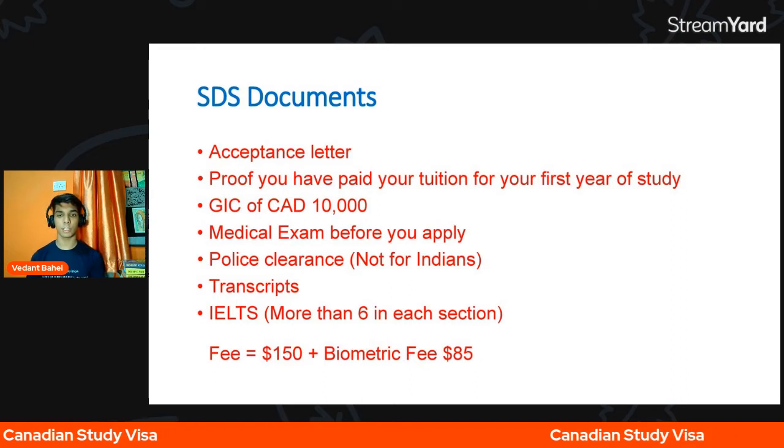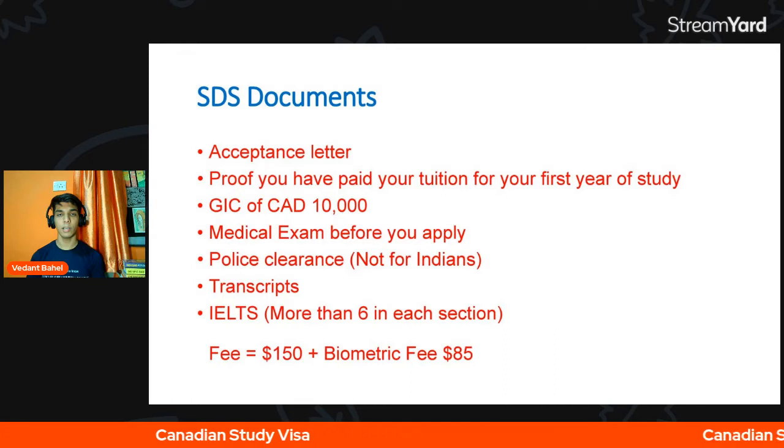So that is GIC. The visa officer or the government asks you to do it so that you will be able to live properly in Canada without any financial problems. So the GIC is mandatory for the SDS stream.